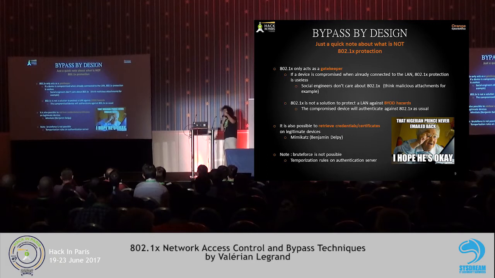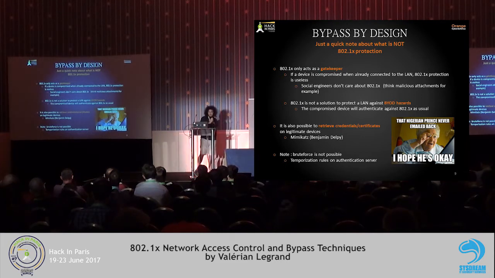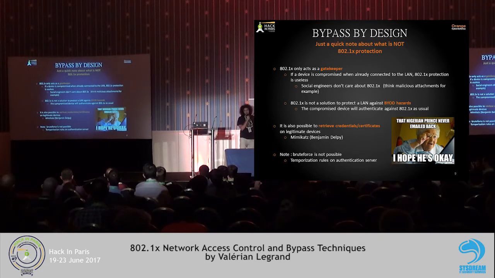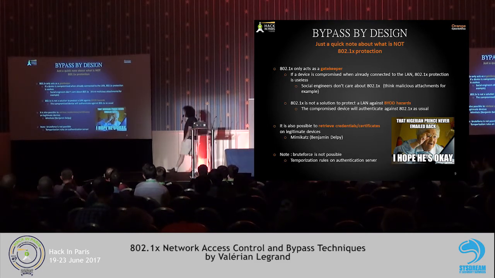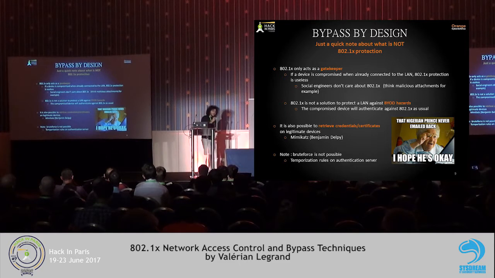If a legitimate device, your workstation, for example, gets compromised by, I don't know, that Nigerian prince, I'm sure you've seen it, well, that sucks, basically, because 802.1x is not going to save you. In fact, when you are the target of social engineers, 802.1x is not meant for that. It's not meant to protect you against such attacks.